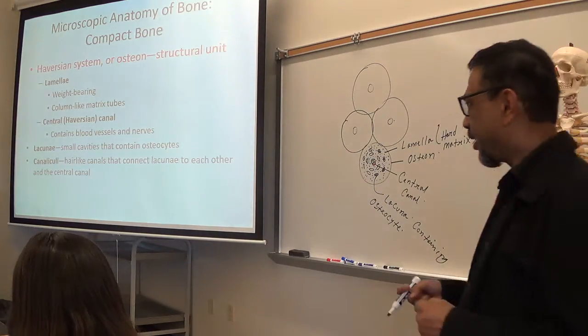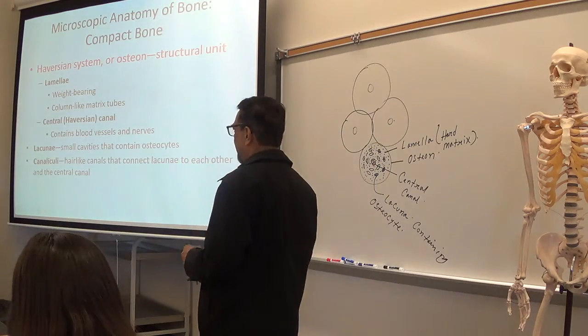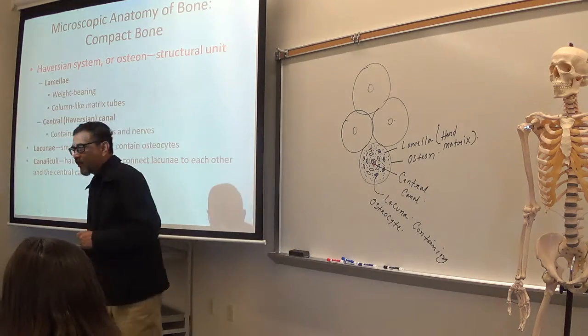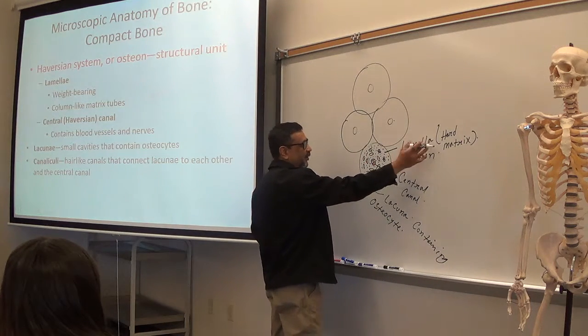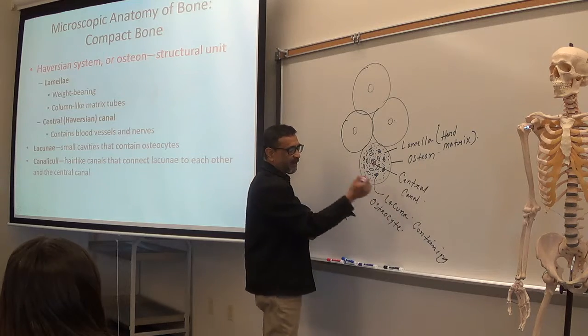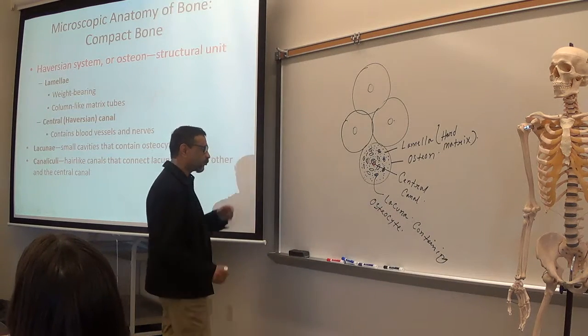You know, bone is very hard, and it is given by lamella. Some places you will see lamellae, some places you will see only lamella. Same thing for lacunae. Okay, both are correct.